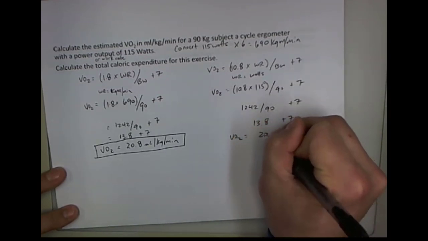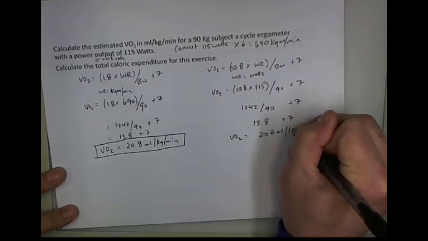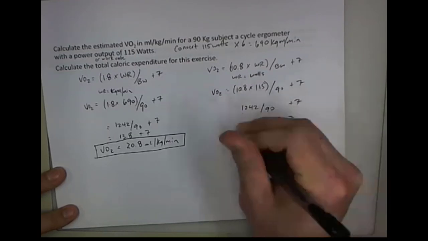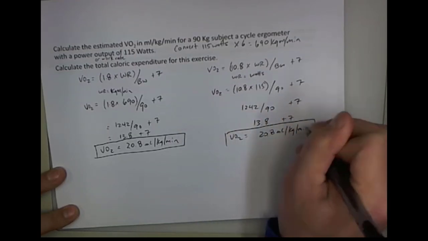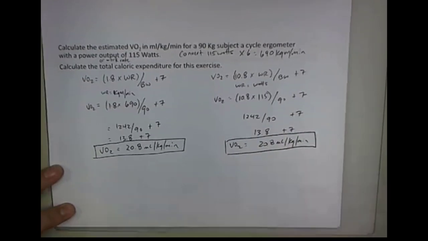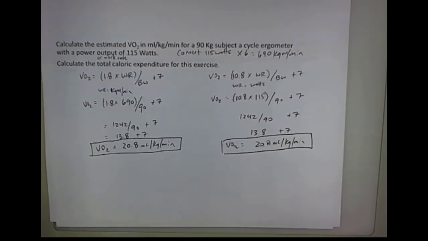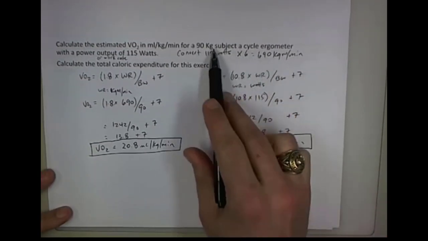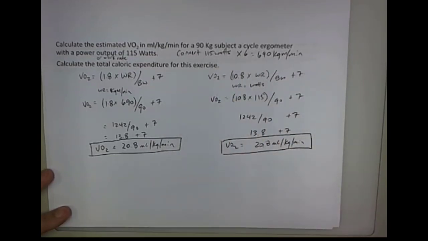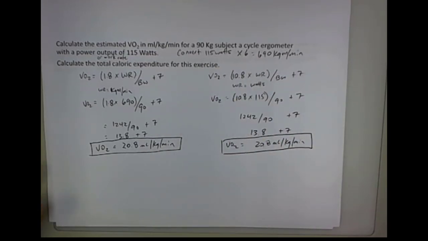VO2 equals 20.8 mL per kg per minute. So again, it doesn't matter. It's up to you. You can memorize one equation or the other, just making sure that you can easily convert between watts and kilogram meters per minute using that conversion factor of 6.